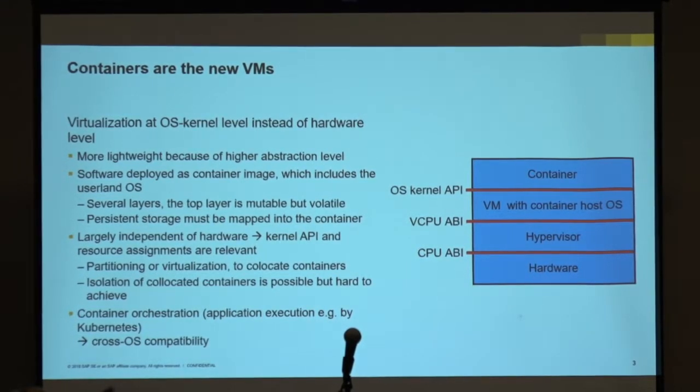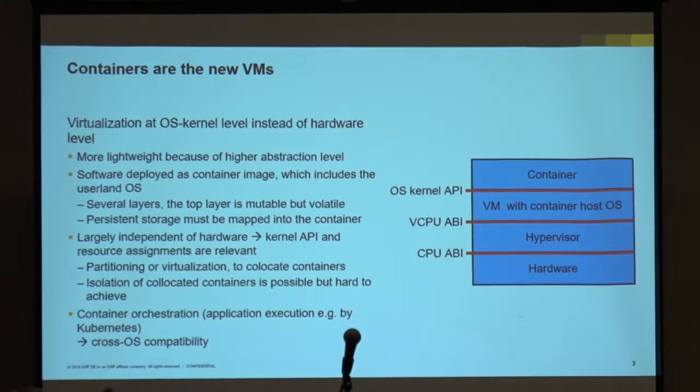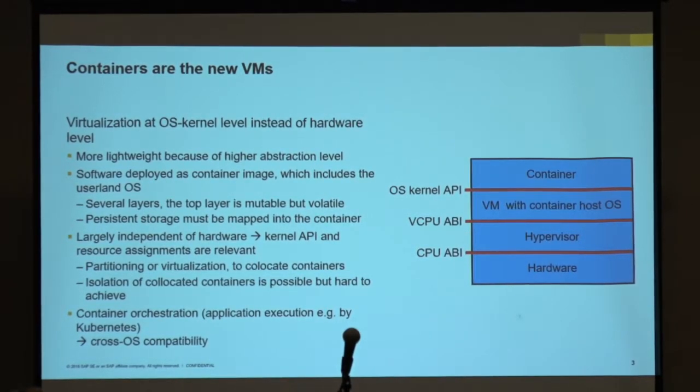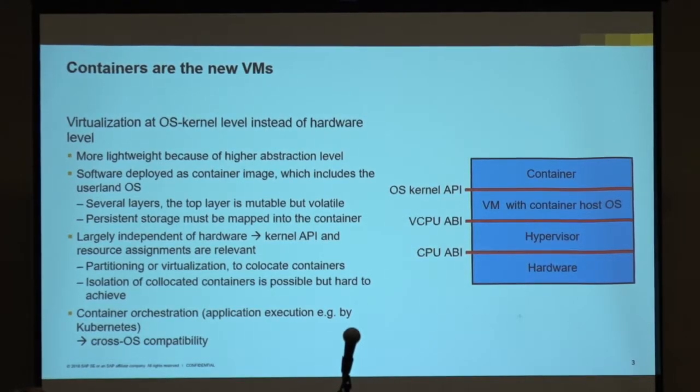The container is deployed as an image, similar to a virtual machine image, but in a slightly different format. That means it includes all the userland for the operating system. So everything that's not the kernel is essentially virtualized and put into the container.